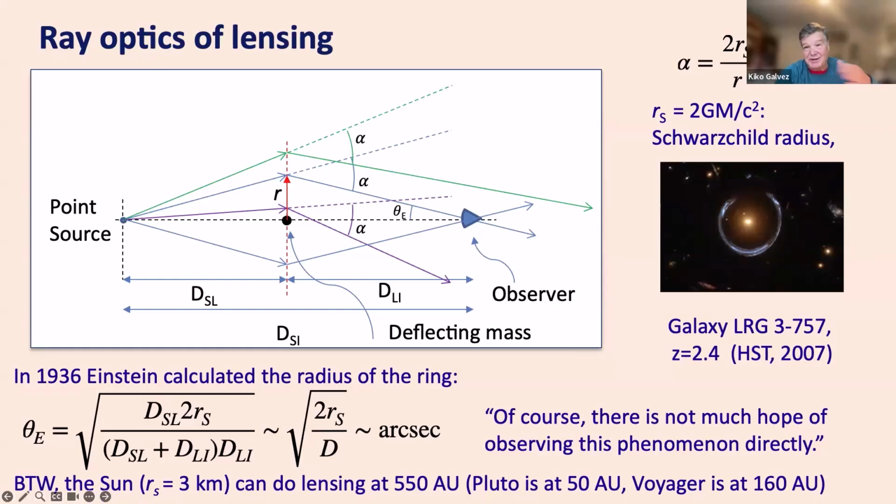The distance from the Earth to the sun is 1 astronomical unit. And then Pluto is at 50. The Voyager, the farthest satellite now from Earth, is at 160. So it will be a challenge to do lensing with the sun at this point.